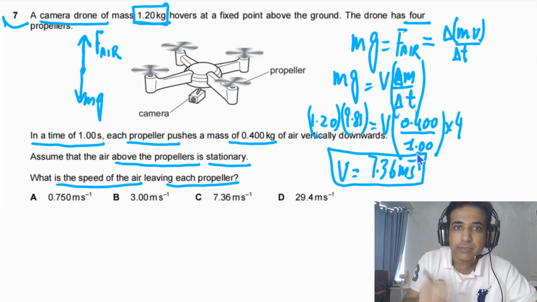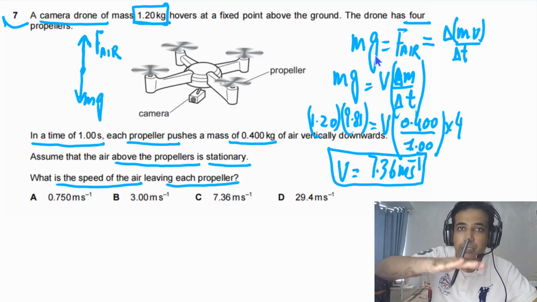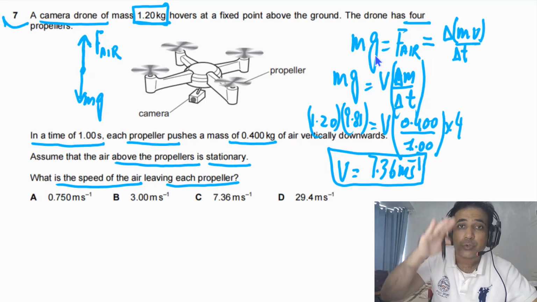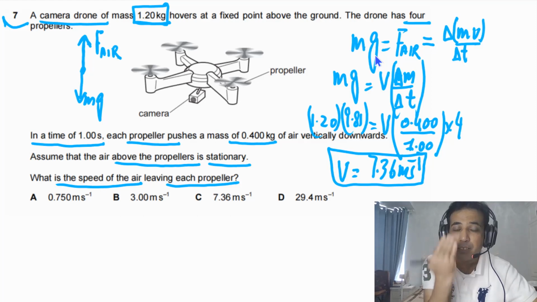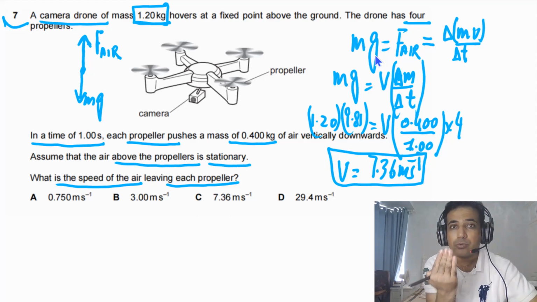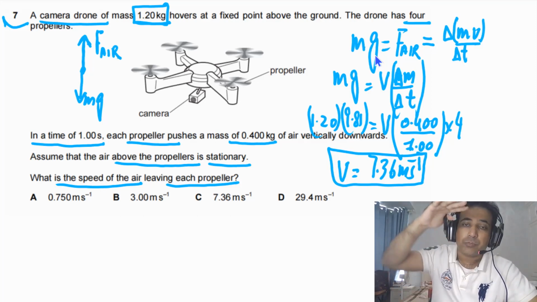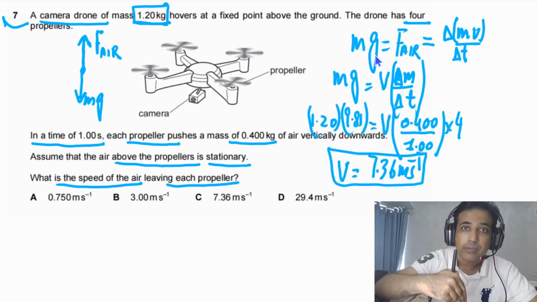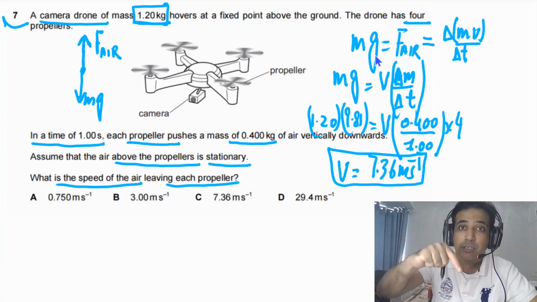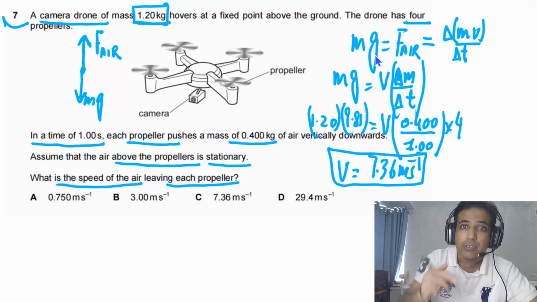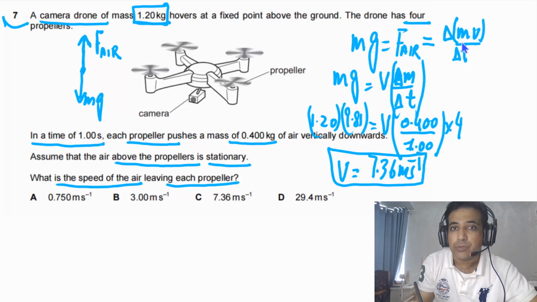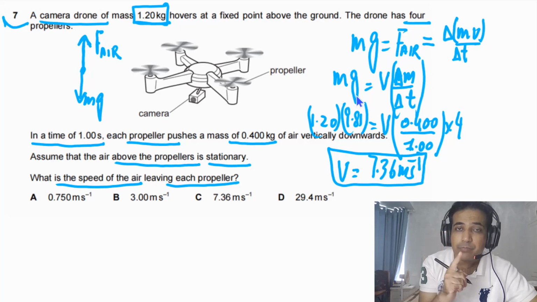This is a typical question. So in this case weight is balanced by force on the drone by air. So air is pushing on the drone in upward direction and the drone is pushing on air in downward direction, and that is the resultant force on air. So that's the reason we can use F is equal to rate of change of momentum. Very important concept.